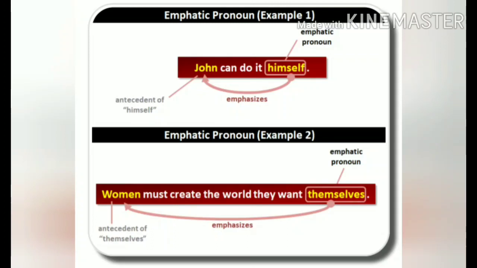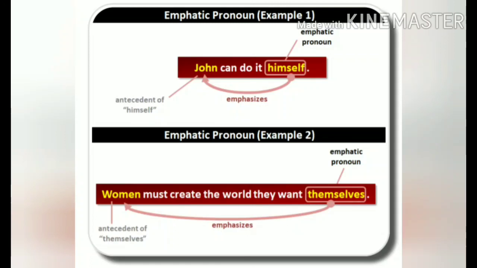Now next we have emphatic pronoun. What are they? The emphatic pronouns are myself, yourself, herself, himself, itself, ourselves, etc. Basically, it refers back to another noun or pronoun in the sentence to emphasize it. What does emphasize mean?